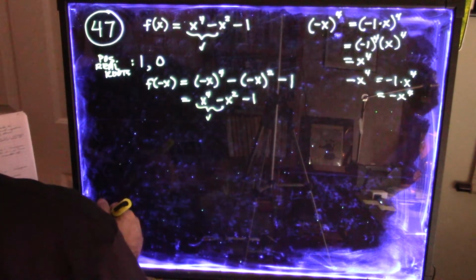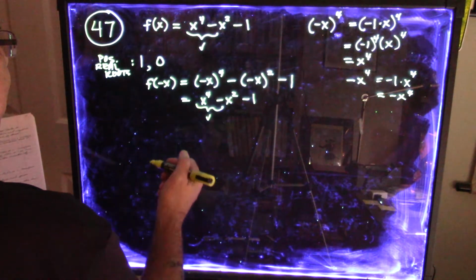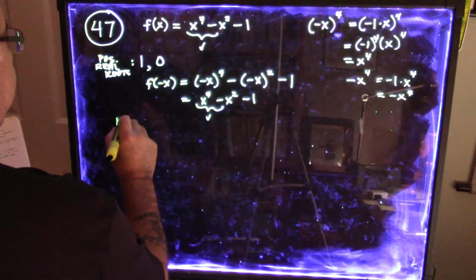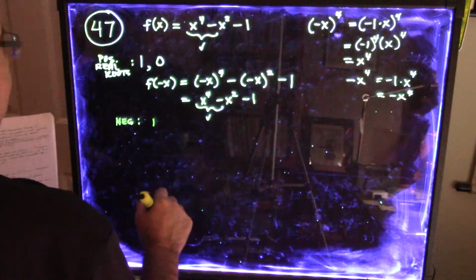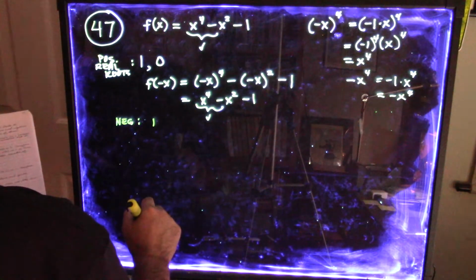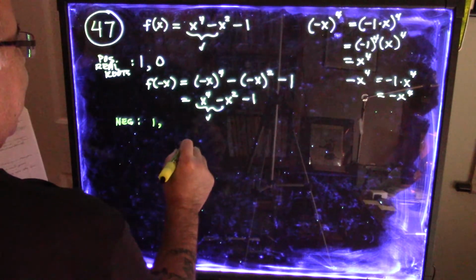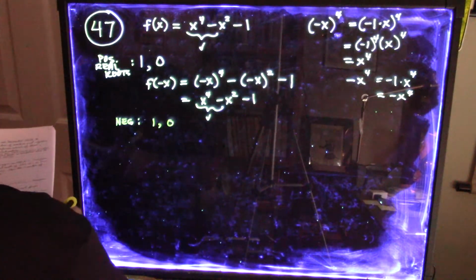So f of negative x has one variation of sign. So again, there's either one negative real root or less than that by 2, 4, 6. Obviously, it's not going to be less than 1 by 2, so it's just 0. So we've got 1 or 0.